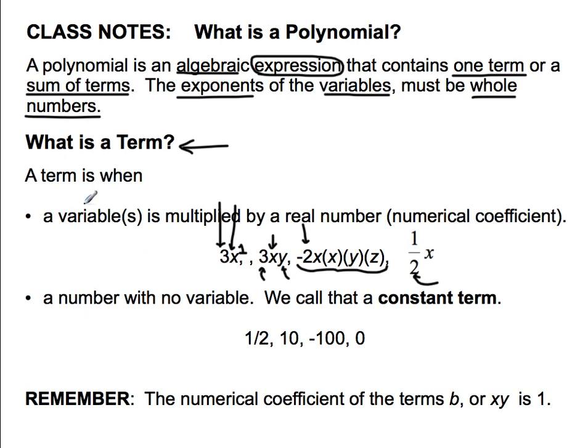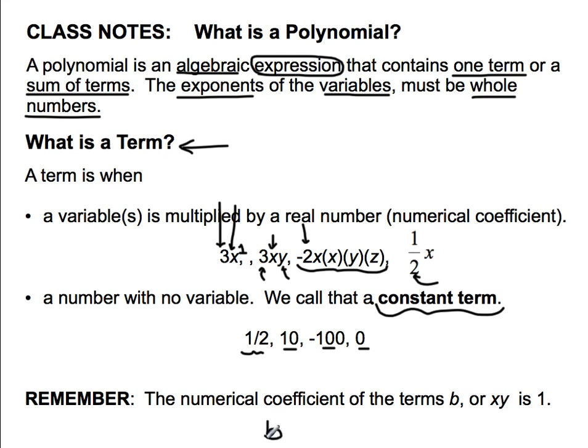So a term can also be a number with no variable. So 1/2, 10, 100, or -100, 0. And whenever a term doesn't have a variable, we call it the constant term. So no variables, it's called a constant term. And then we're going to discuss what terms with variables are called, coming up in the lesson. Remember the numerical coefficient of the term xy.